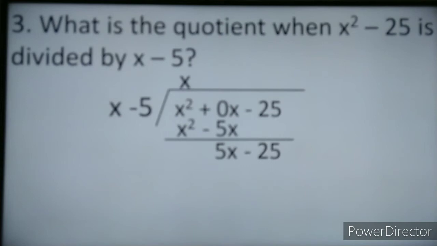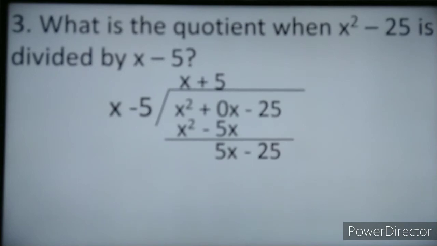Again, you are going to use negative 5x. Okay, this one, negative 5x divided by x, your divisor. So the answer now is equal to negative 5. Once you get negative 5, multiply it again to the divisor.